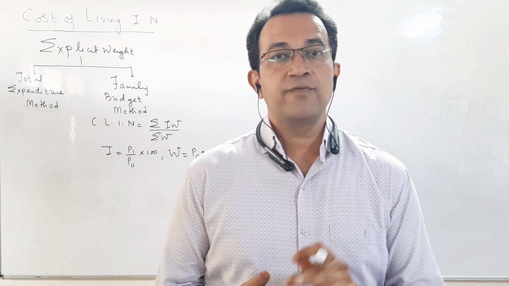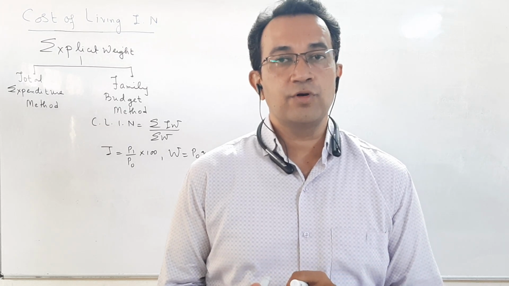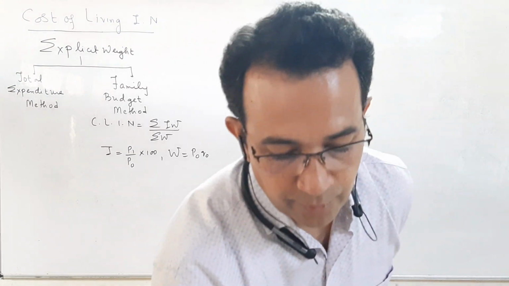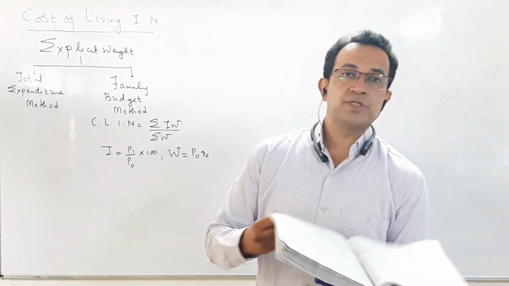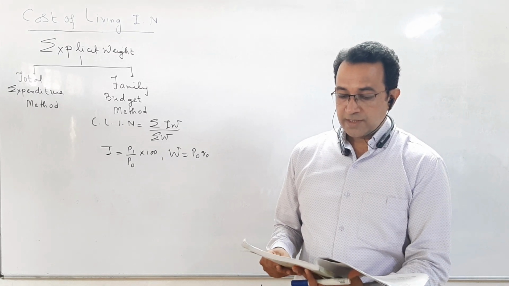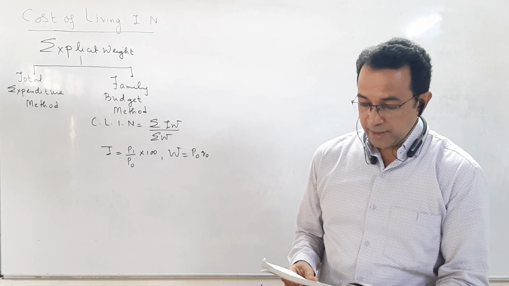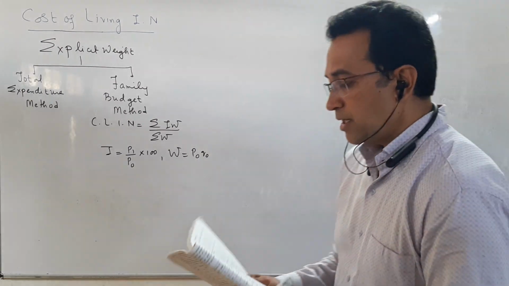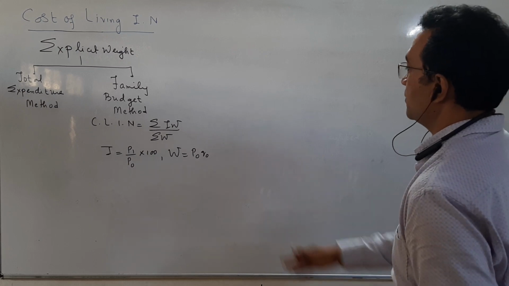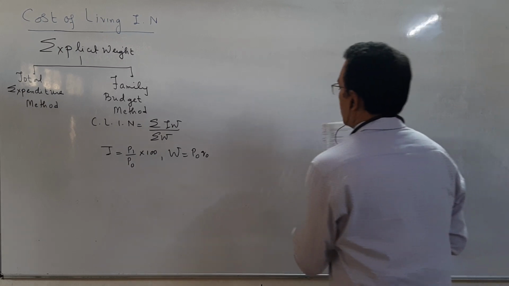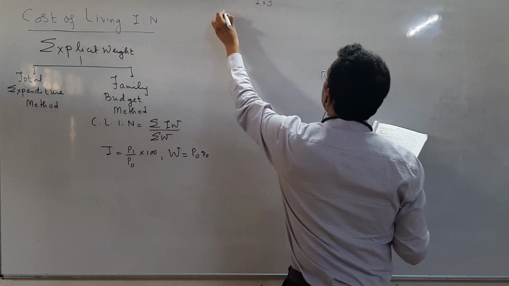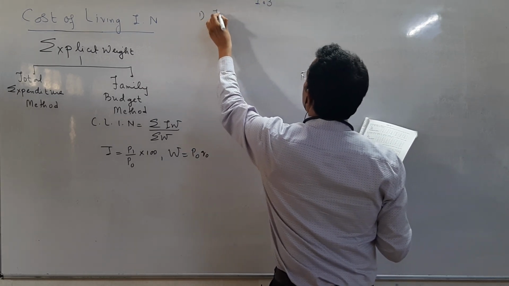Now students, before starting 1.4, I am doing first and second sum of exercise 1.3, which I kept pending. The information about 6 different items used in the production of an electronics item is as follows. Find the index number and interpret it. So indirectly when weights are given, we have to use this formula. So exercise 1.3, answer 1.